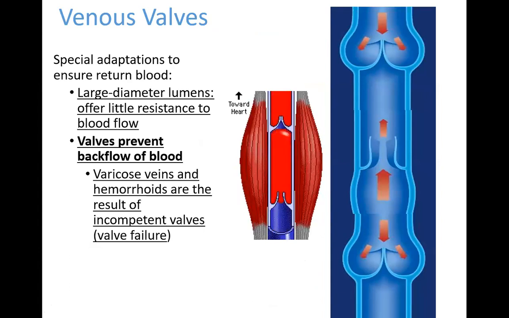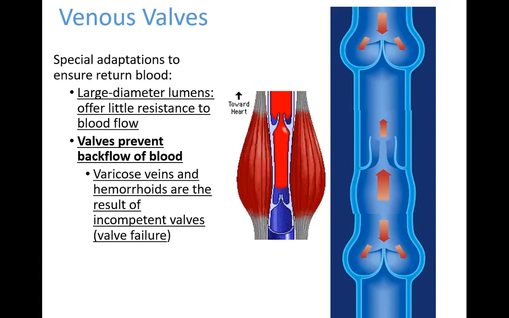Problems occur when these valves fail, because they will fail given the right type of stress. Varicose veins. Varicose veins occur because gravity is not our friend. We don't like gravity. Gravity is constantly pulling this blood down.